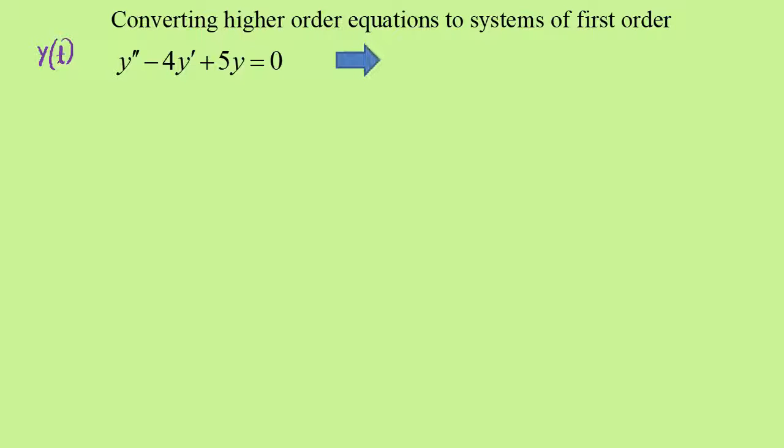So here's how the process goes. All we're going to do is solve this for y double prime. Use the substitution y prime equals x. That means that the second derivative of y is the first derivative of x. Well, the second derivative of y, notice, is given right here.